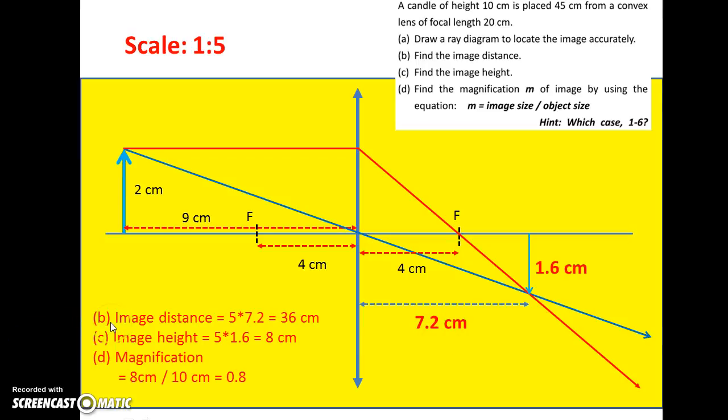So the answer for part B, 36 cm, and the image height 8 cm. So the magnification is x cm divided by 10, which is the original height of the object. So 0.8 is the magnification.